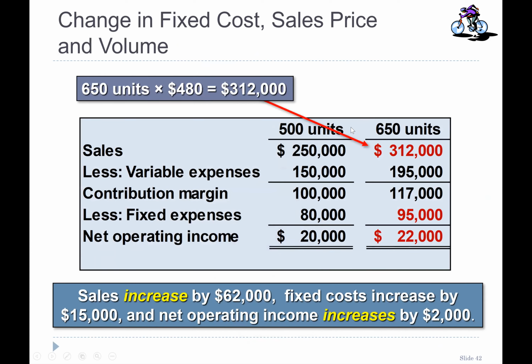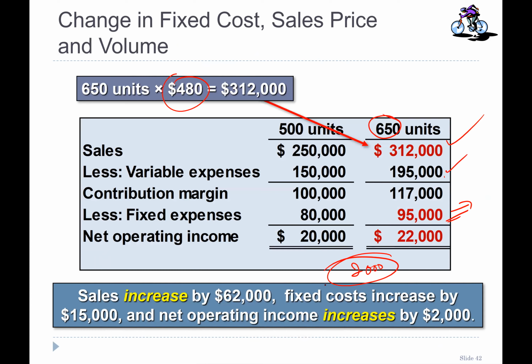So we know that we are going to sell 650, price decreased by $20, so 480 multiplied by 650, answer is 312,000. Variable expense remains the same, 300 multiplied by 650, answer is 195,000. And then we have increased our fixed expense to 95,000. Look at the profit. Just increased by 2,000.